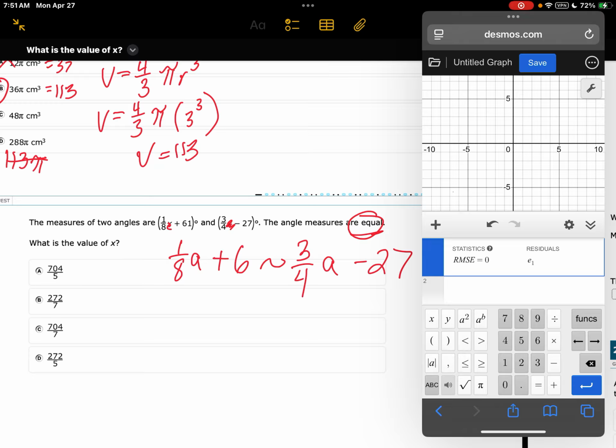So notice I don't see 52.8. I'll just put A equals 52.8, or X equals whatever.